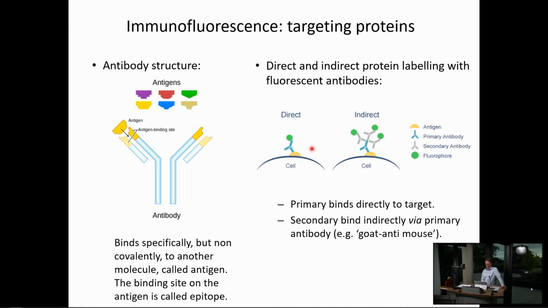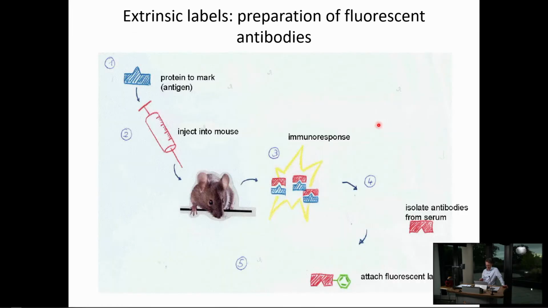So for example, you could have a primary antibody that is made by a mouse against a certain protein, and then you use a secondary antibody which is made by a goat, really truly in the animal. So this is how you might make an antibody in a mouse. Let's suppose I have a protein that has this shape here. It's this blue molecule.